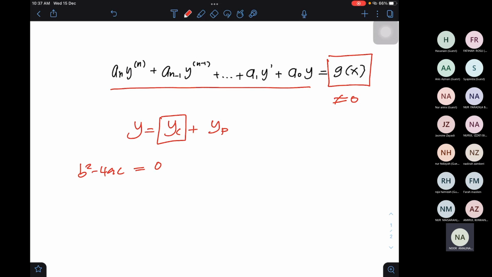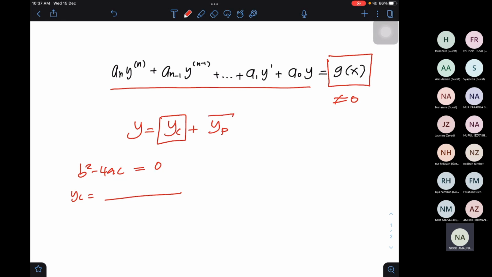If the order is 2, means you have 2 values, lambda 1 and lambda 2. If you have order 3, means you will have 3 roots, lambda 1, lambda 2 and lambda 3. Okay, so if your discriminant value is equal to 0 means that you have the same lambda. So when you have the same lambda, you will have the yc is equal to apa-apa-apa. So ini kita dah tengok.